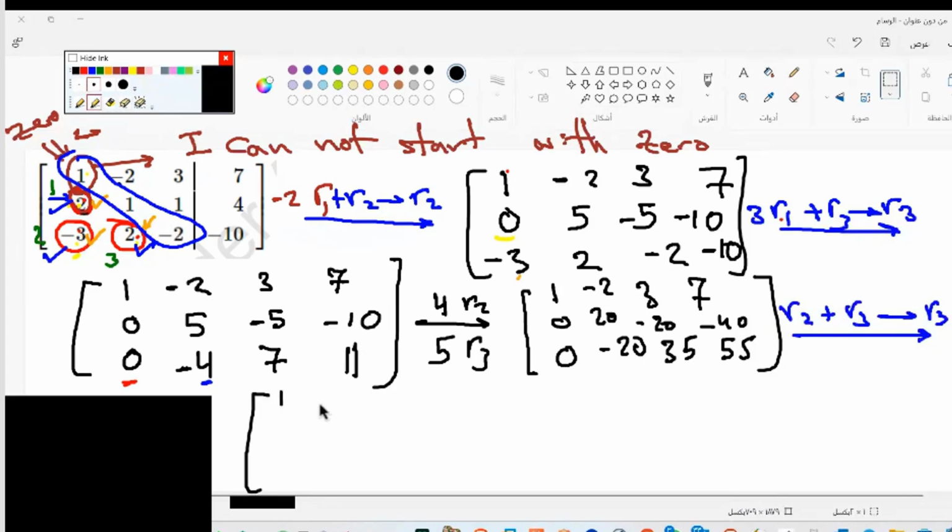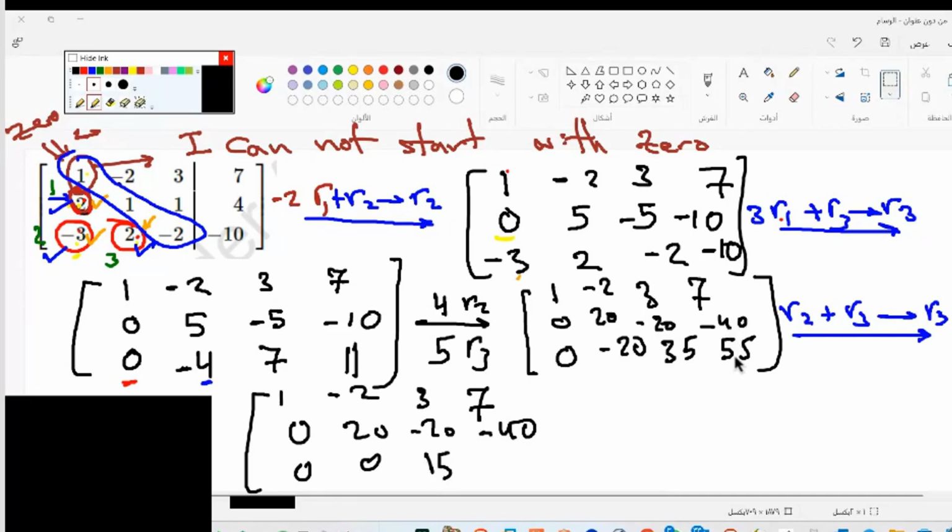It is 1, minus 2, 3, 7. It is 0, 20, minus 20, minus 40. Now take care. 20 with 20, bye-bye, 0. Minus 20 with 35, it is 15.